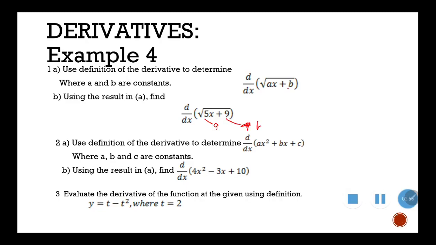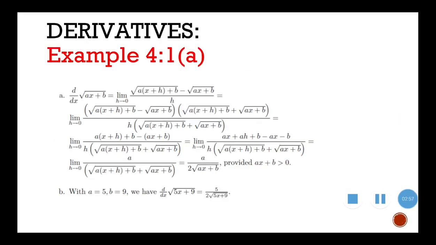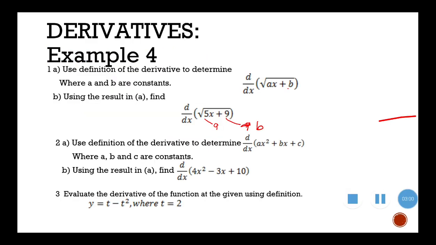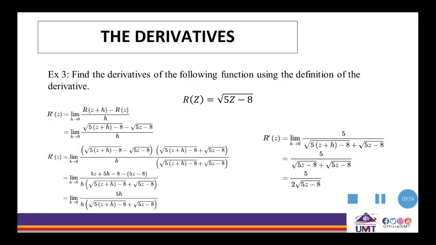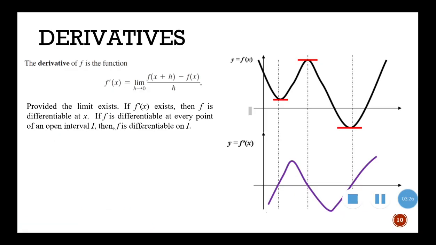The question asks us to use the definition of the derivative to determine the differentiation value of ax plus b. Now let's look back. This is the definition of the derivative. So we must use this equation to try to solve this example.